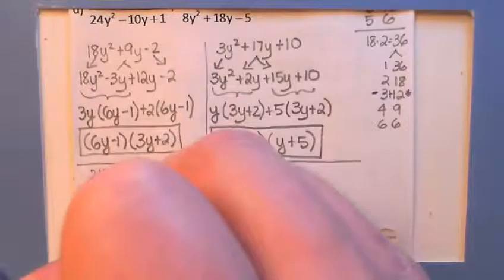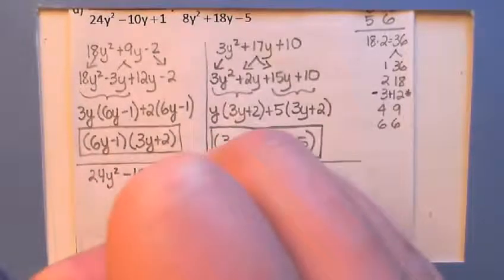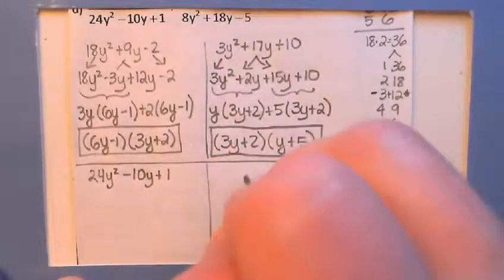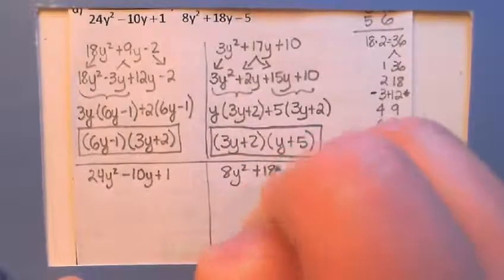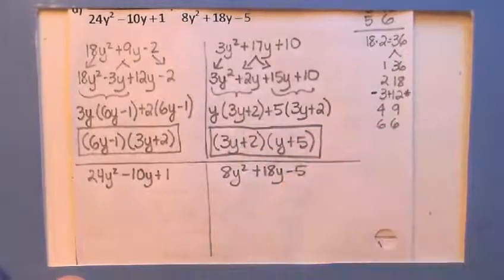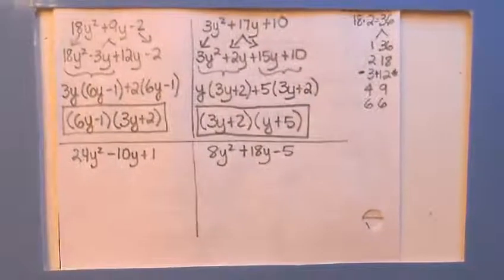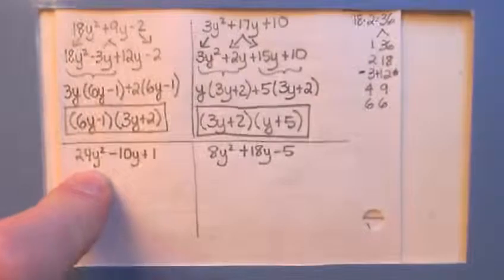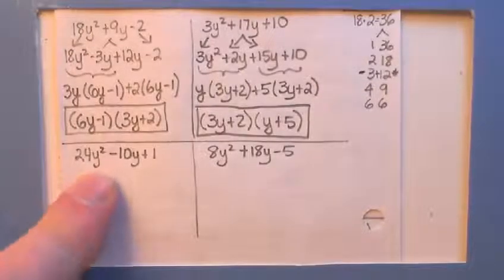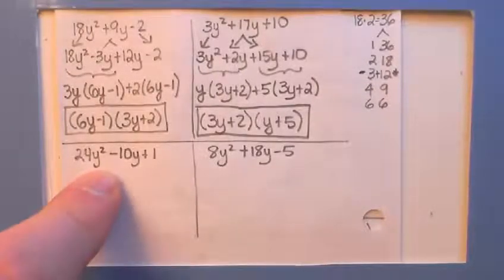24y squared minus 10y plus 1, and we have 8y squared plus 18y minus 5. Alright, this one right here, can I factor anything from all three? No, I can't. Can I use special factors? No, I can't either.